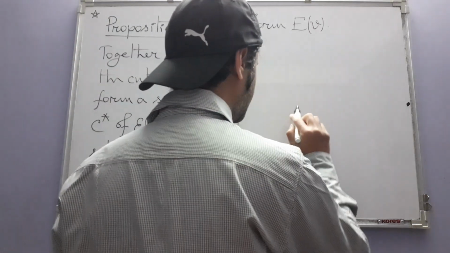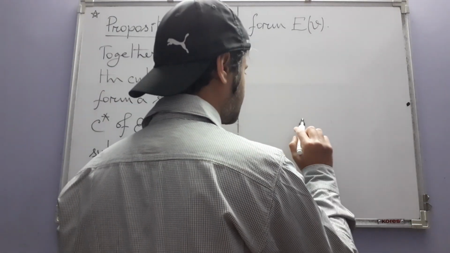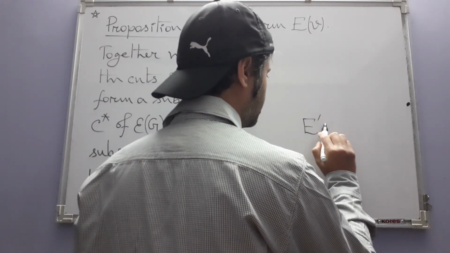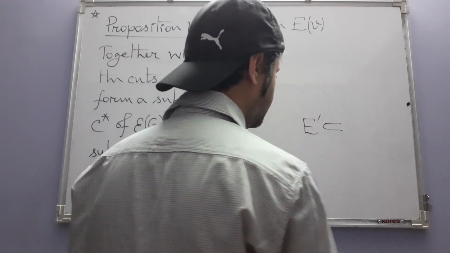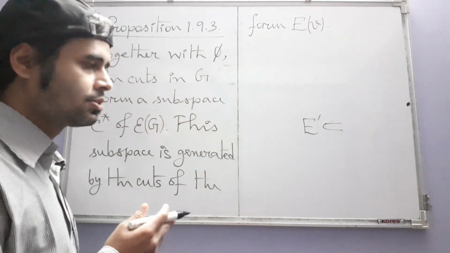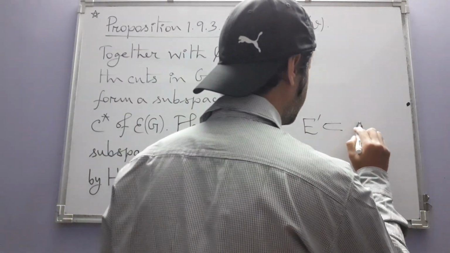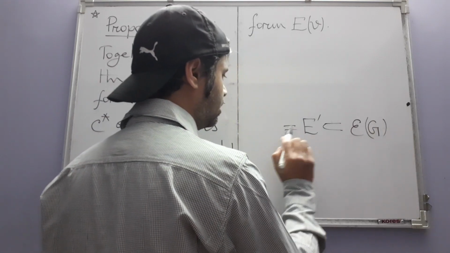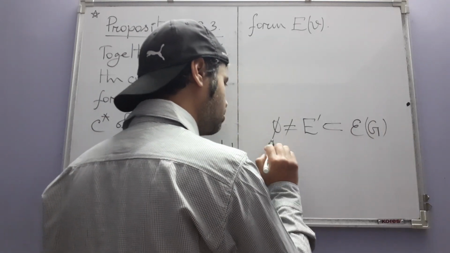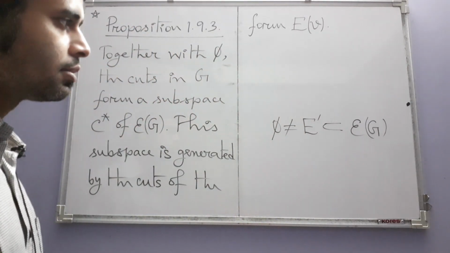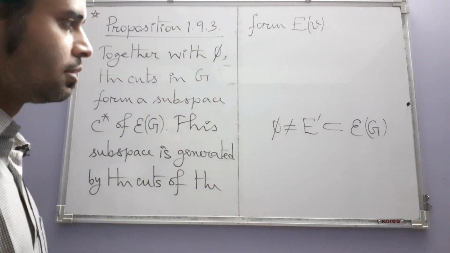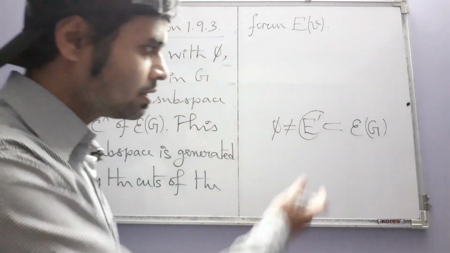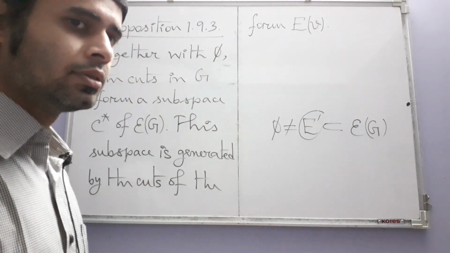If we have, say, a non-empty subset E, let me call it E prime, because actually E denotes the entire edge set of the graph. Let E prime be a non-empty subset of the edge space. Suppose we want to show that E prime is a subspace of epsilon of G.